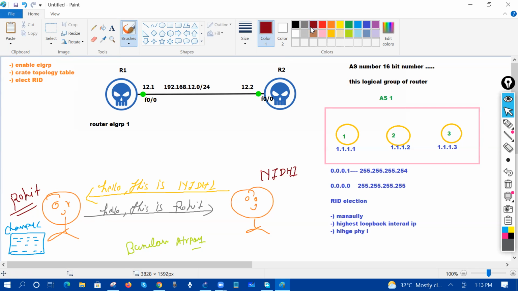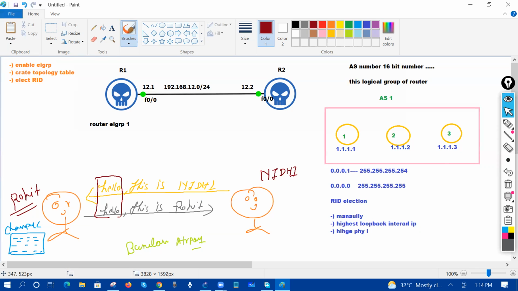The common thing here is the hello. What is the use of this hello, like hello, hi, or hey? This is the initial establishment of the neighborship. Without the hello, if you make a call to someone, what is the first word? It's hello. What is hello doing there? Just establishing the communication.